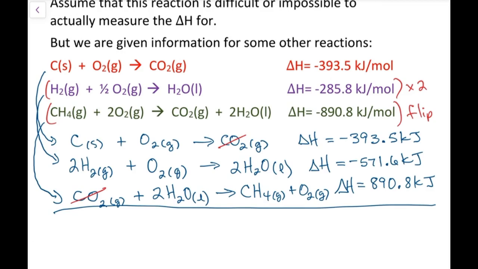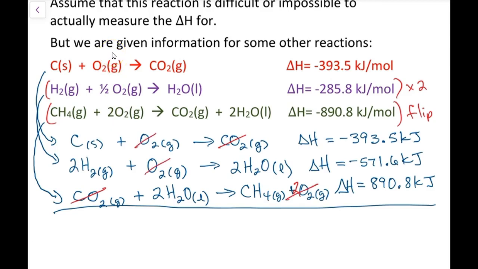And then let's see, we also have, oops, and you know what, I forgot to do something here. There was a 2 up here, 2O2, so I forgot to carry that down when I flipped my equation. And that's important because right now, in terms of canceling, I have 2O2 on the right, and I have 2 separate moles of O2 on the left.